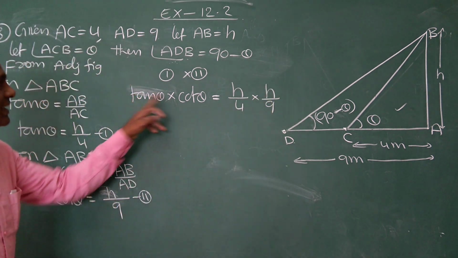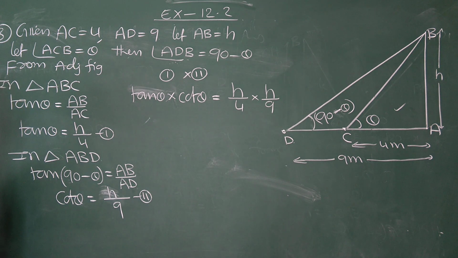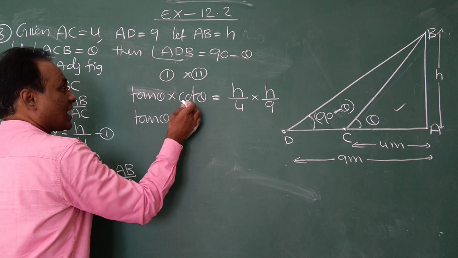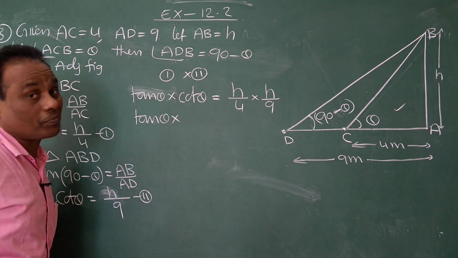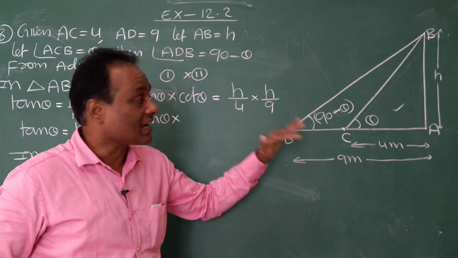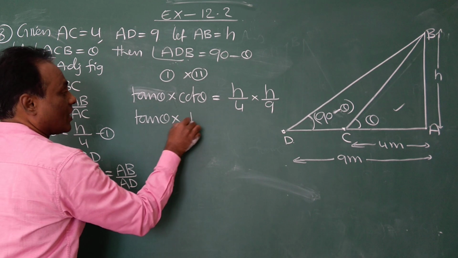Why am I multiplying? Because cot and tan are reciprocal to each other. Tan theta is opposite by adjacent. Cot theta is adjacent by opposite. Reciprocal. So cot is equal to 1 by tan.